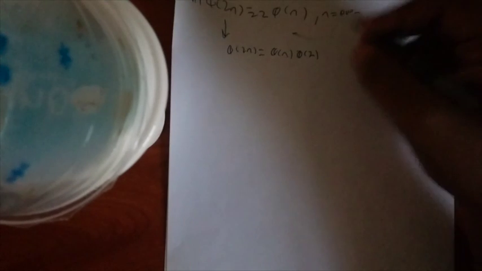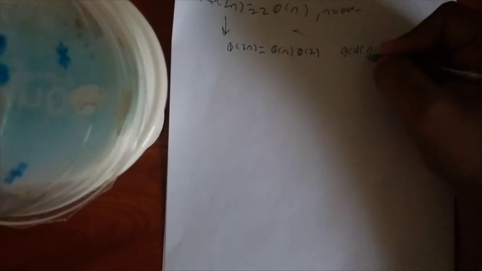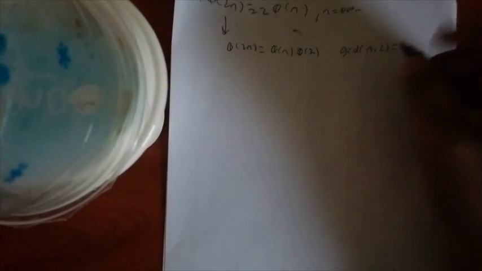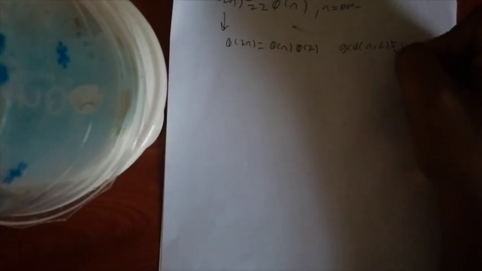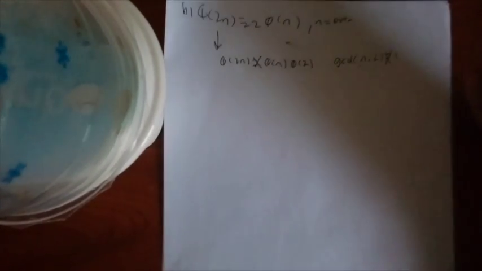However, that was under the condition that the GCD of n and 2 equals 1. But since n is even, that means 2 divides into n. Therefore, this statement isn't true, and because of that, we can't use this expression. So we have to think of an alternate strategy to approach this problem.